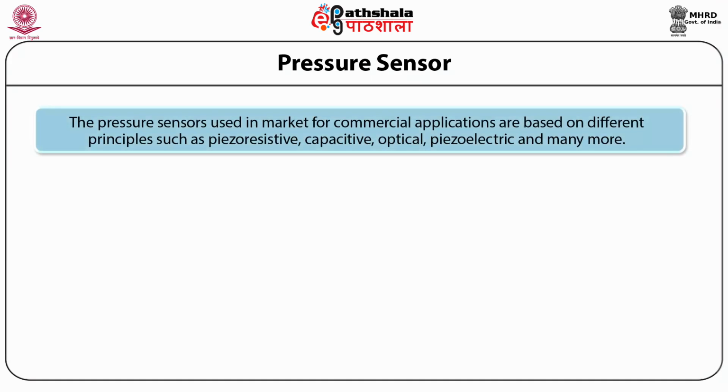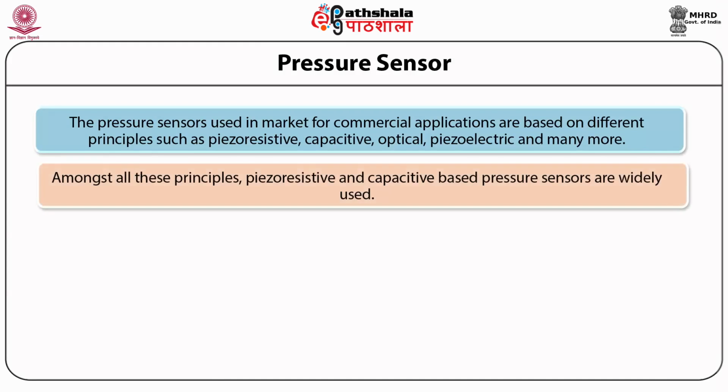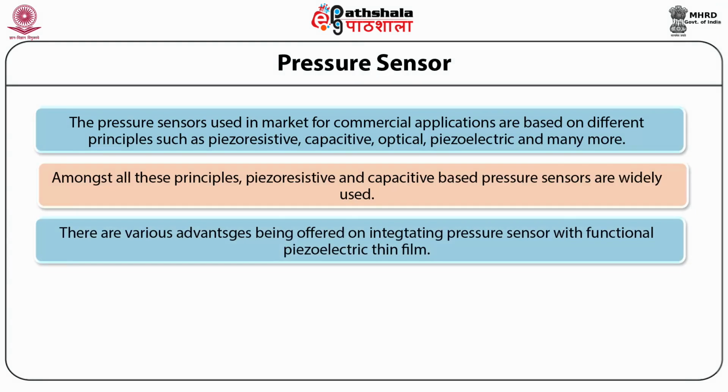The pressure sensors used in the market for commercial applications are based on different principles such as piezoresistive, capacitive, optical, piezoelectric, and many more. Amongst all these principles, piezoresistive and capacitive based pressure sensors are widely used. There are various advantages offered by integrating pressure sensors with a functional piezoelectric thin film.